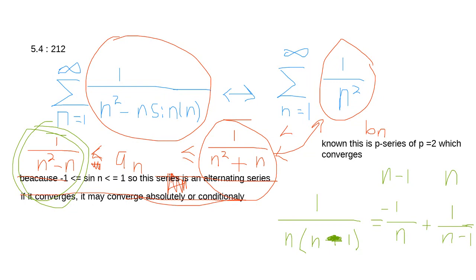So this one, we can do partial fractions. We get 1 over n minus 1, subtract 1 over n. Right? Then if we think about this, I'm not going to write n equals 1 up to infinity anymore. You can think about a series of this, and we know this part, so this is the alternating series.